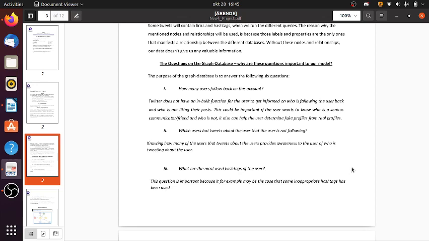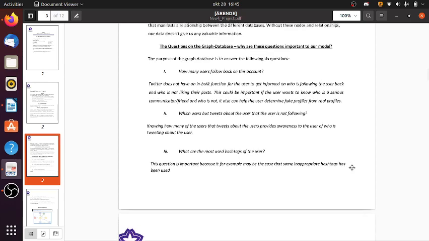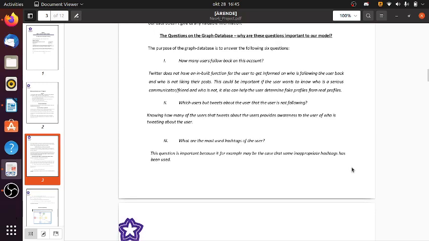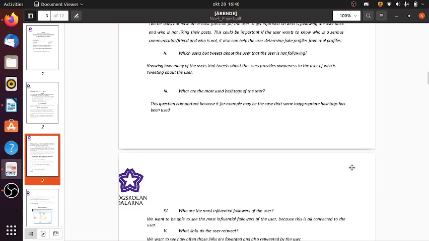For example, if I am a Twitter user and I have a lot of followers, one of my followers may be an influential person who has a lot of followers on his account. These questions will answer all those kinds of questions. For instance, what are the most used hashtags for my account, and so on.